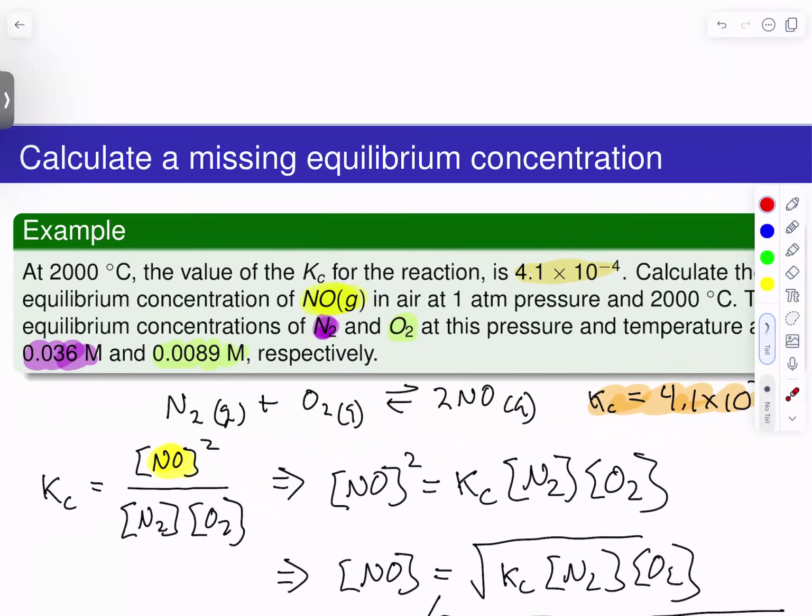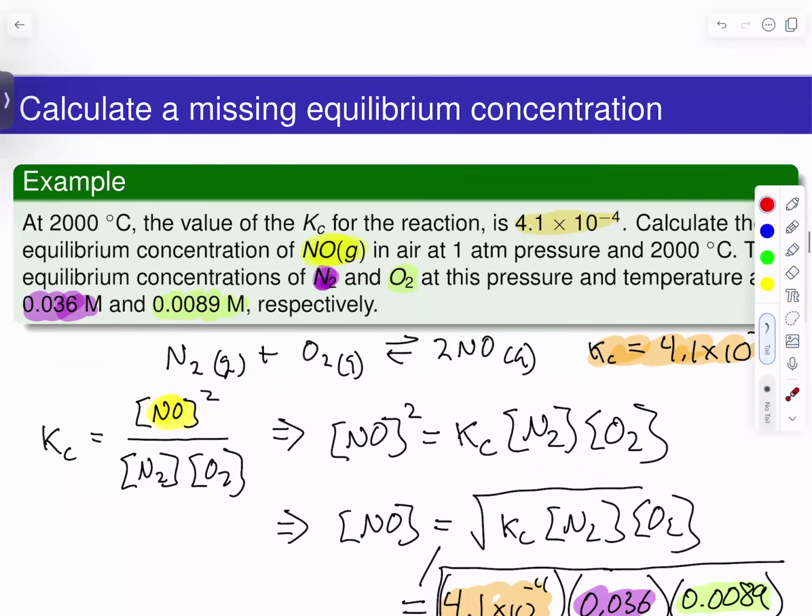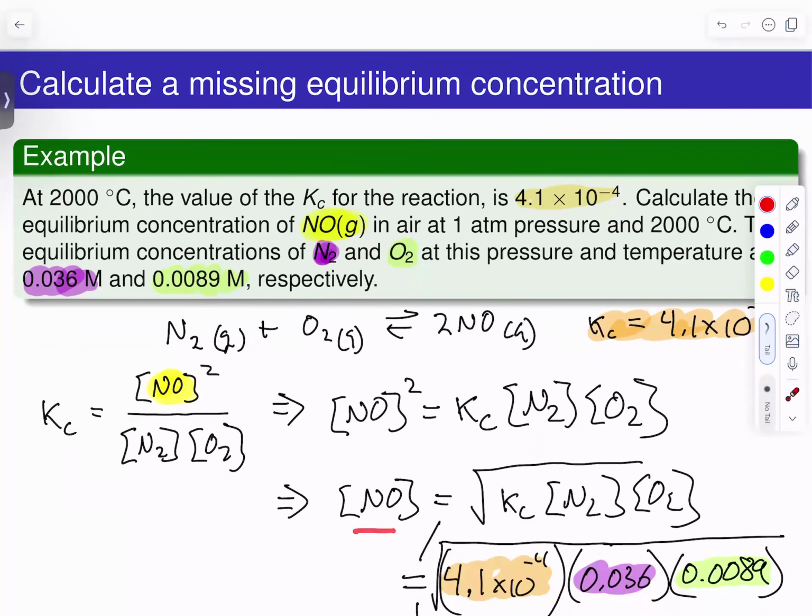I can solve the Kc for that unknown, the equilibrium concentration of NO in this case, as follows. I just take the N2 and O2, multiply them up to the other side. Then we're going to take a square root to isolate NO by itself.